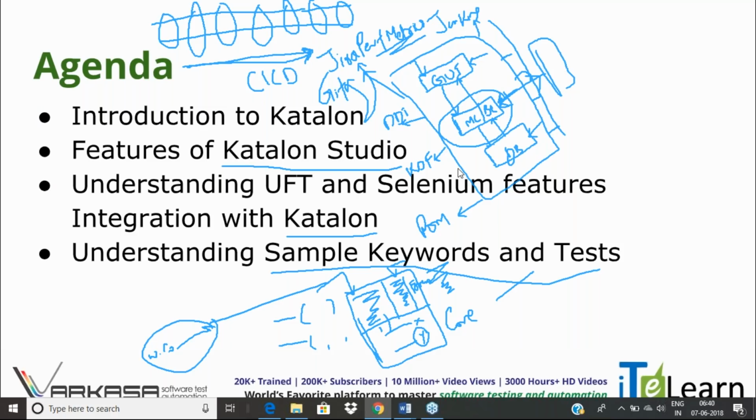And then we have web services testing, which can take at least another 5 sessions, properly understanding the types of web services that are available, calling them with different parameters, and how you get the response back. And then we have mobile application testing. And then we have integration with repository tools like Git, Jira, Jenkins. So it's going to take at least, on an average, I would say 25 sessions.